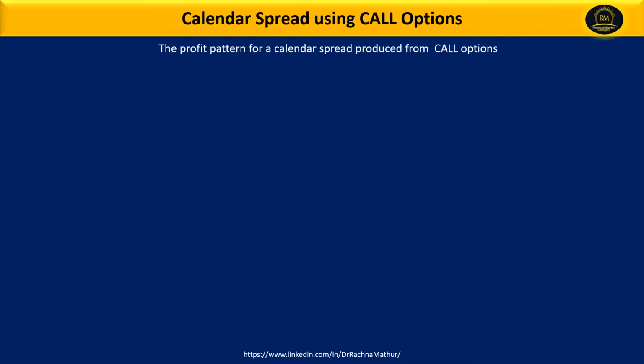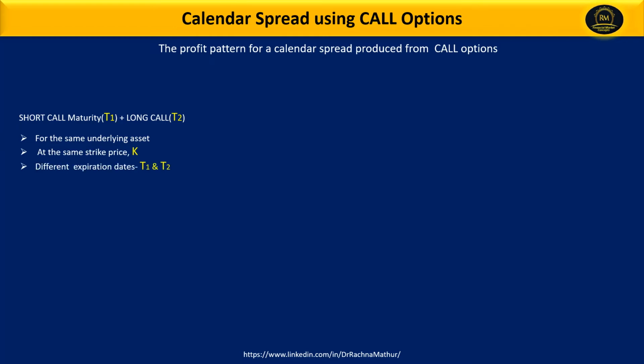Let us see the profit pattern for a calendar spread produced from call options. With the help of the figure, the profit from a calendar spread is calculated using two call options: a short call with a lower maturity of T1 and a long call with a higher maturity of T2, for the same underlying asset with the same strike price and two different expiration dates T1 and T2.